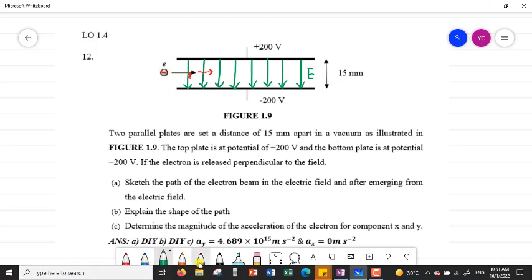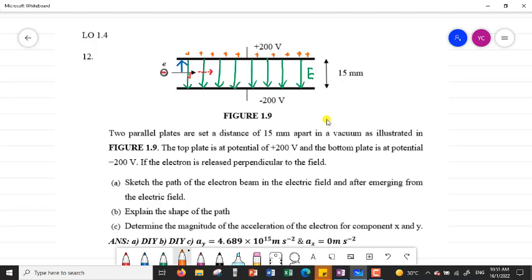So the electric force acting on the electron, in which direction? The electron is a negative charge. So for sure, the electron will experience an attraction force towards the plate at positive 200 volt. The top plate is positively charged because it is at a high potential of 200 volt.